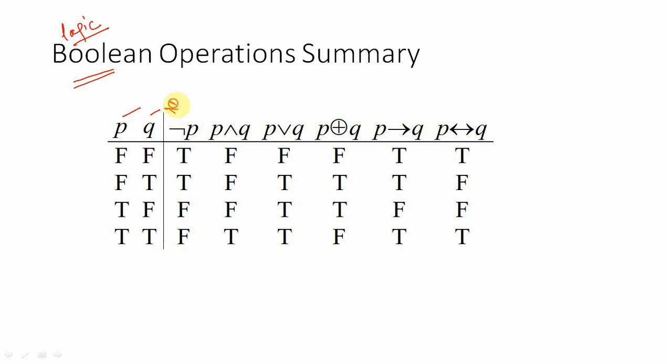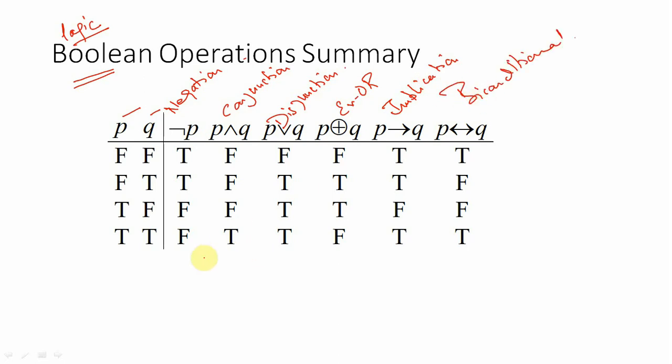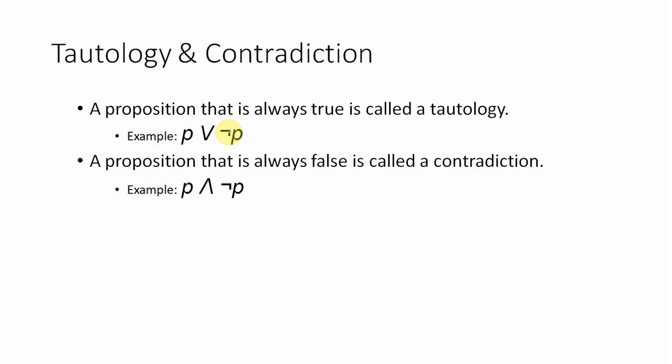So this is the negation operation, the conjunction operation, this was the disjunction operation, this was the exclusive or operation, this was the implication, and this is the biconditional. So this is a summary of all the operations. This is the truth table for all the six operations that can be performed on atomic propositions.